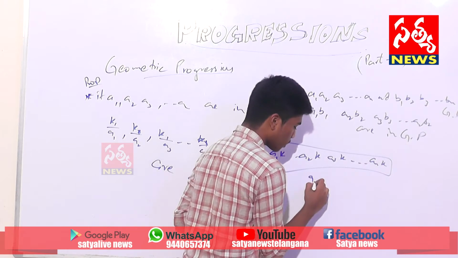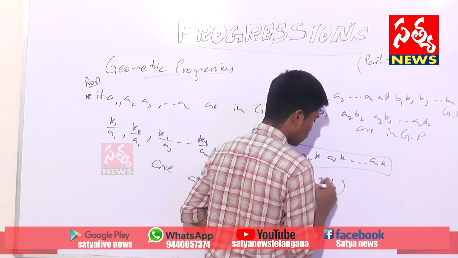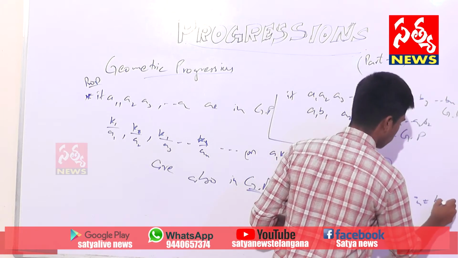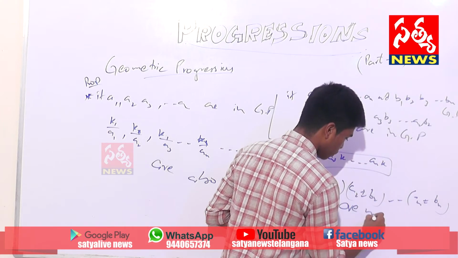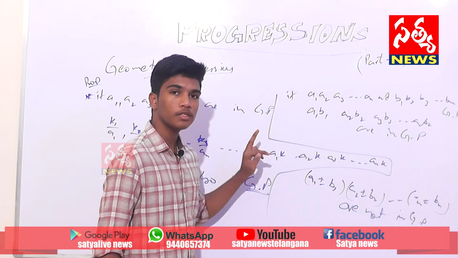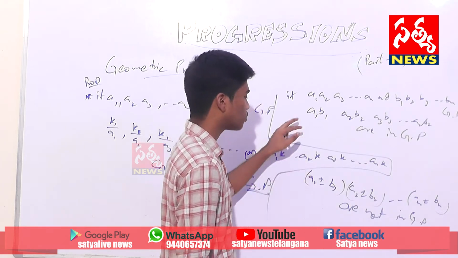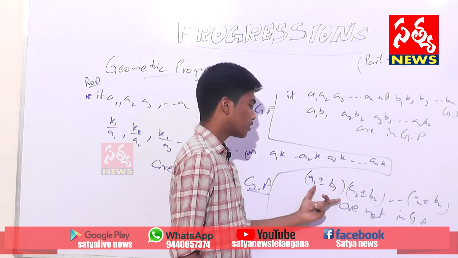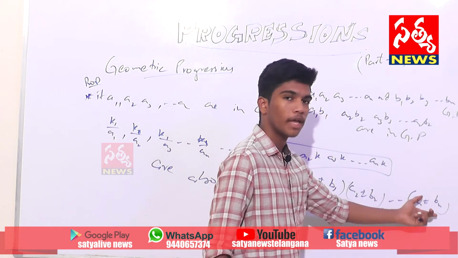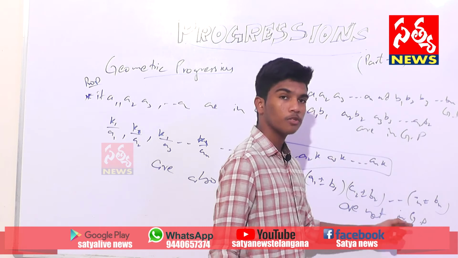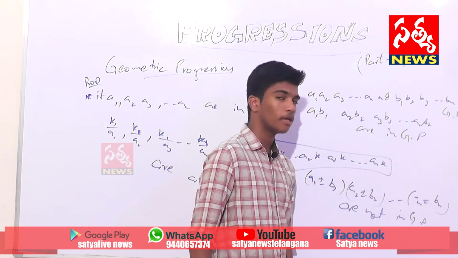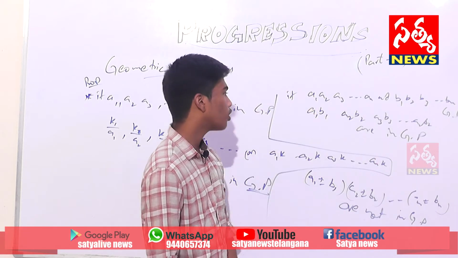But A1 plus or minus B1, A2 plus or minus B2, and so on, An plus or minus Bn are not in GP. But in APs, it's different. It's completely reverse of GP. There, A1 plus or minus B1, A2 plus or minus B2, and so on, An plus or minus Bn are in AP, and A1 B1, A2 B2 are not in AP, right? But here, it is quite opposite to that.